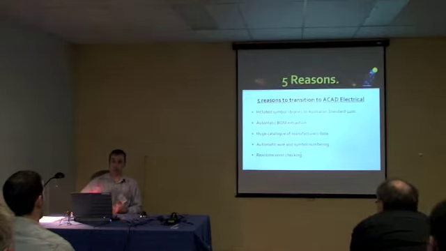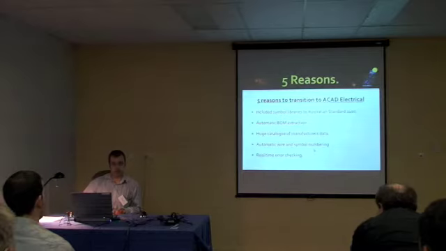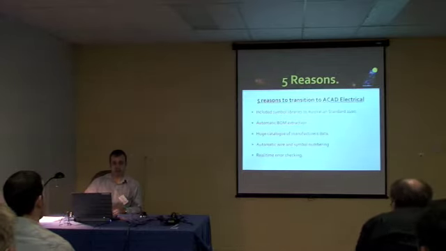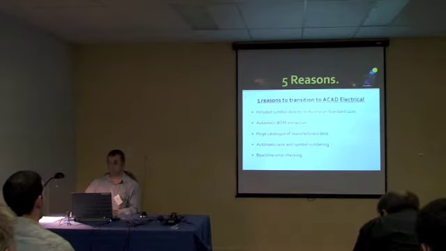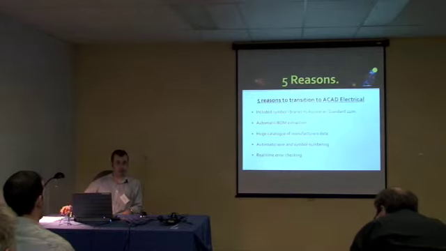Then there's automated wire numbering and real-time error checking. So if you place a relay in there and add an extra contact that it shouldn't have, it'll tell you, hey, you can't do that, it's part number, you need to change something. And if you reference between drawings and you move one part of that component, then it will update the cross-reference between the two.